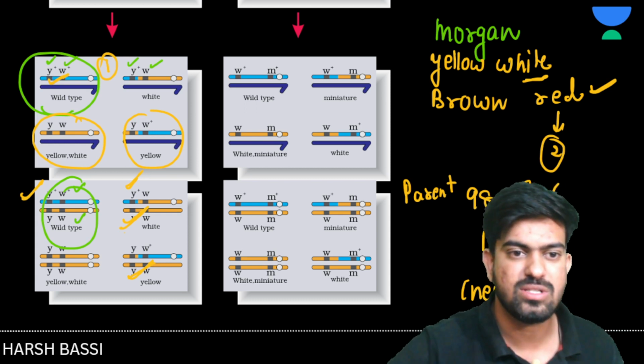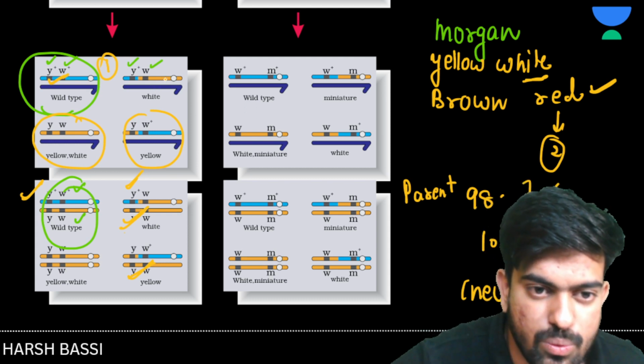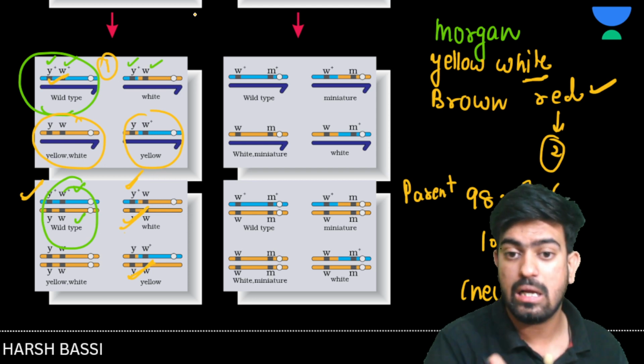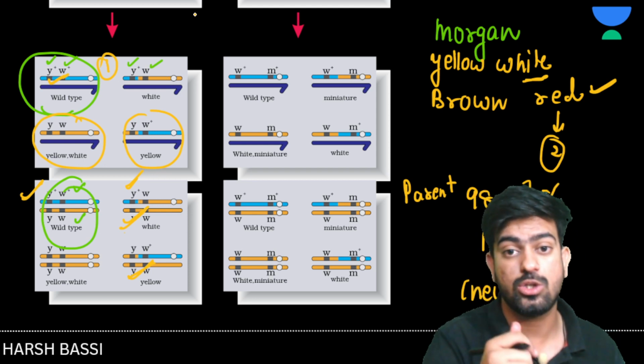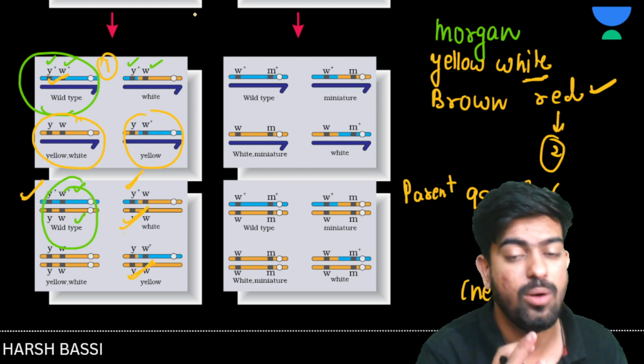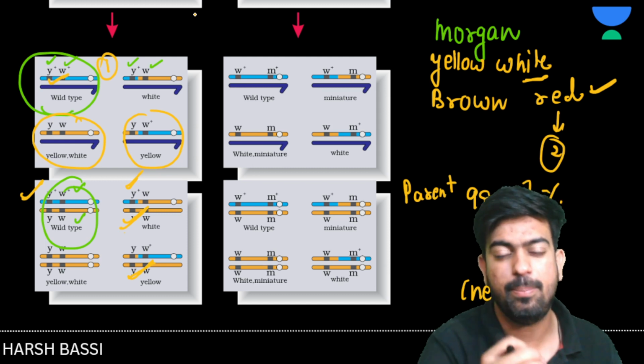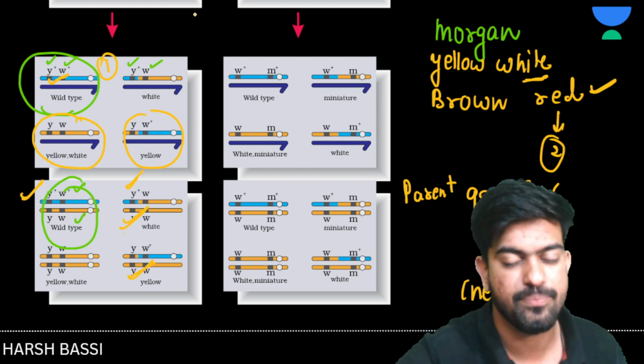So this is why the new recombination is not able to be produced in more amount. Okay, now he took the second cross, the other cross which we have in the NCERT.